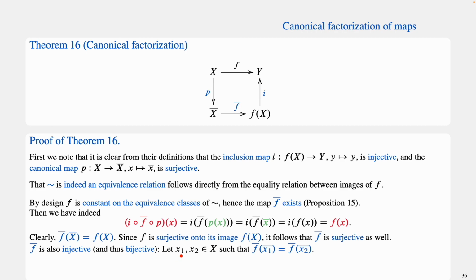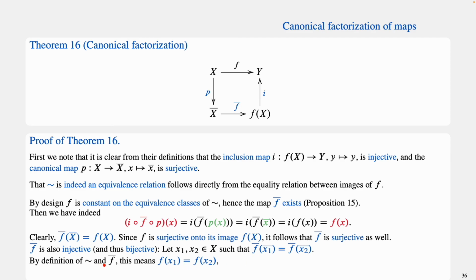Now, to show that it's injective, we pick two elements x1 and x2 from X such that their equivalence classes are mapped to the same element under f bar. What we want to show then is that the equivalence classes of these two are the same, so that these two are equivalent. Now, by definition of the equivalence relation and of the canonical map, this means that f of x1 equals f of x2.